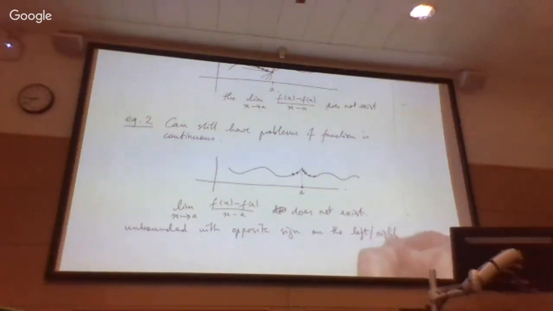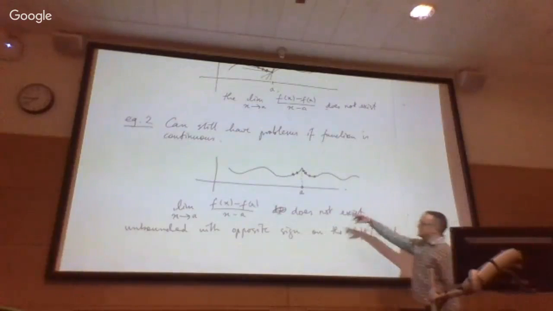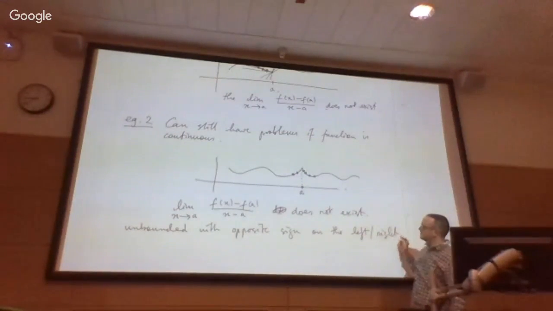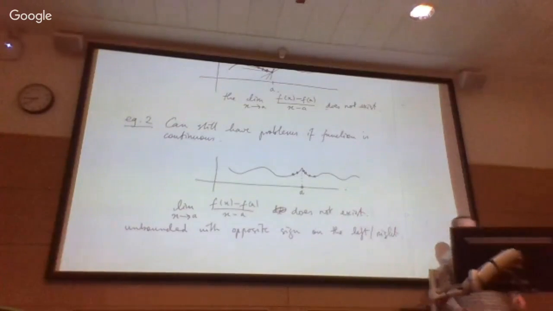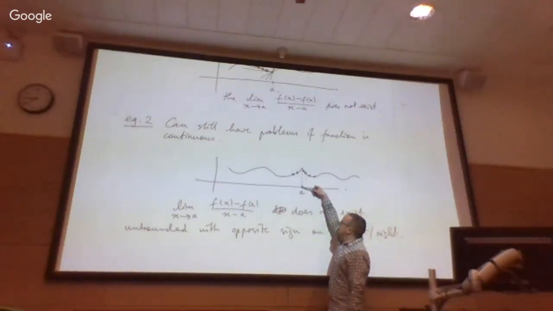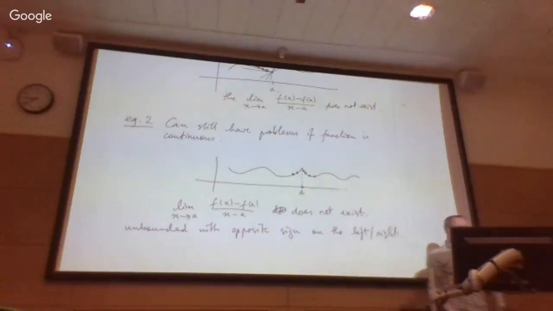As you approach a from the left, you've got unbounded positive gradients. As you approach a from the right, you've got unbounded negative gradients. And the problem here is caused by this point A here, this sharp point.